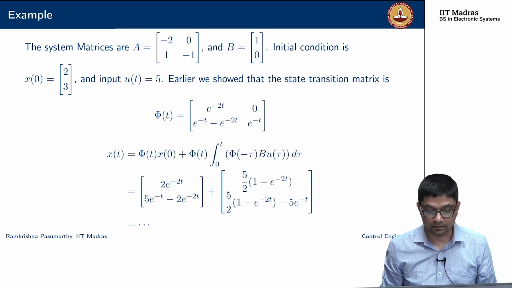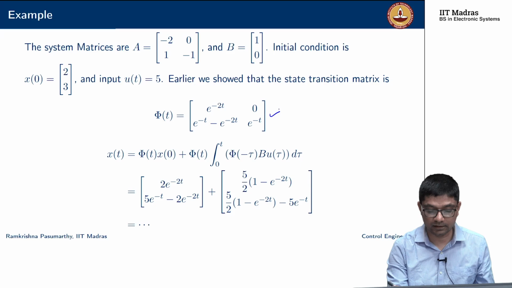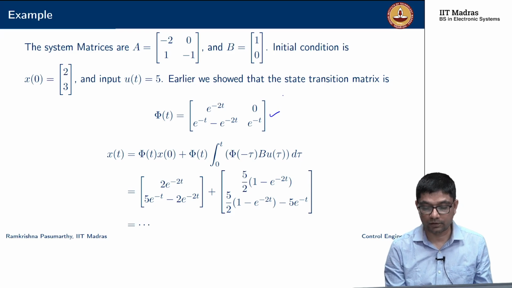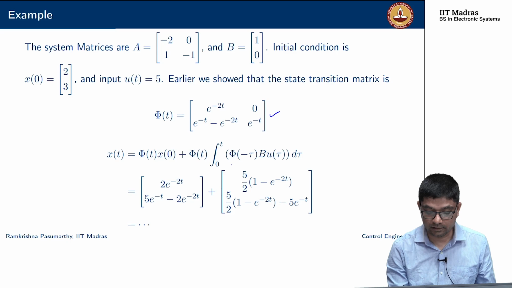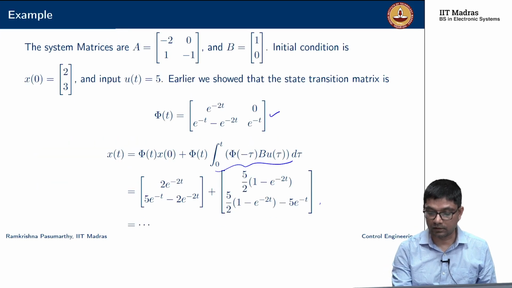The first step is to find the state transition matrix. You can do this with whatever method. The easier one is the Laplace transform, and then go on to compute the term which sits here. Again, I'll skip the steps, but the end will look something like this.